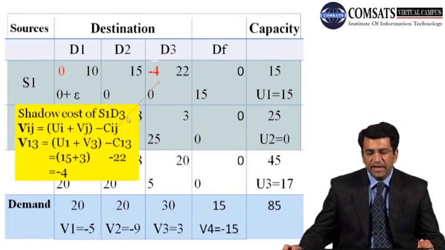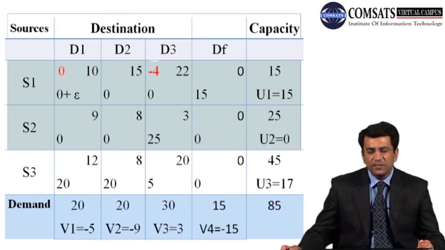Shadow cost for cell S1D3 will be equal to U1 plus V3 minus the relevant per unit cost, that is C13. So U1 here is 15, V3 is equal to 3, and the relevant per unit cost is equal to 22. So 15 plus 3 minus 22, 18 minus 22, it will become minus 4. So the shadow cost for this particular cell S1D3 is minus 4.